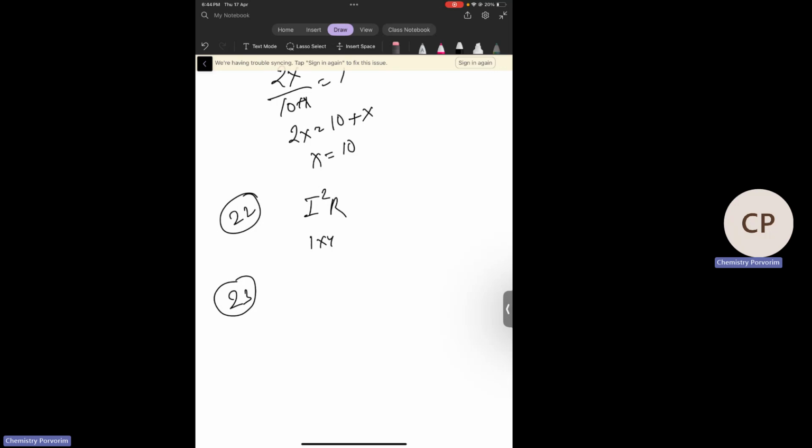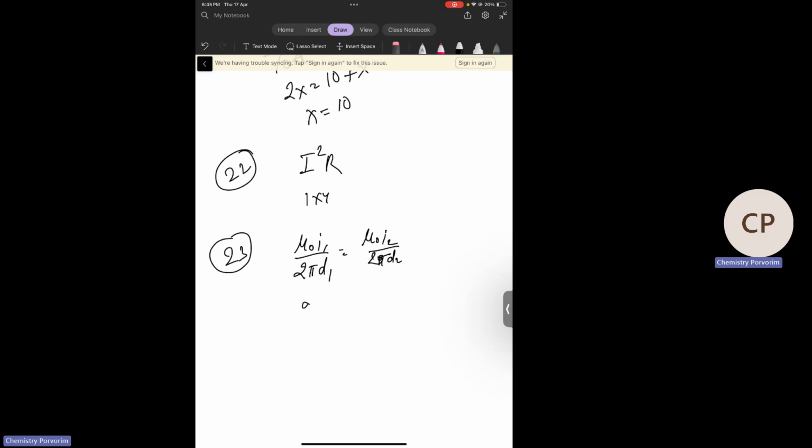23. Two long parallel straight wires A and B having current of 4 ampere and 6 ampere respectively in the same direction are kept 50 centimeter apart. Magnetic field will be 0 at point. So mu naught I1 by 2 pi d1 is equal to mu naught I2 upon 2 pi d2.